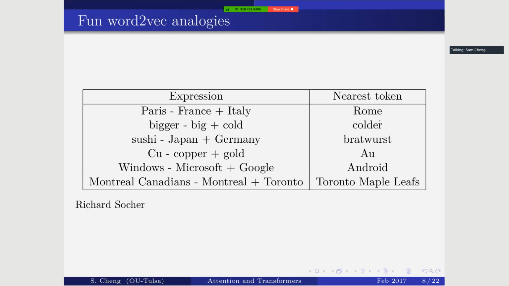You can see some other examples, like France to Paris is like Italy to something, and that will give you the answer. The analogy can also be, for example, sushi to Japan is like Germany to, I don't know how to pronounce it, Belarus, I don't know, and then Cu to copper is like Au to gold, stuff like that.